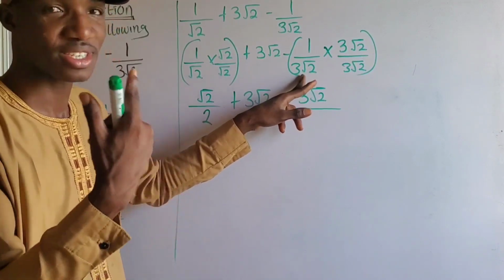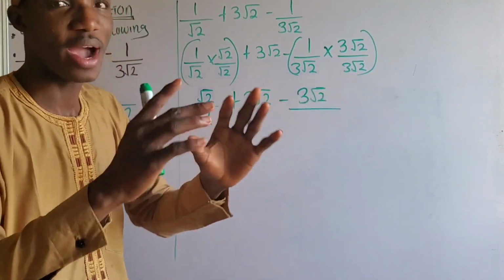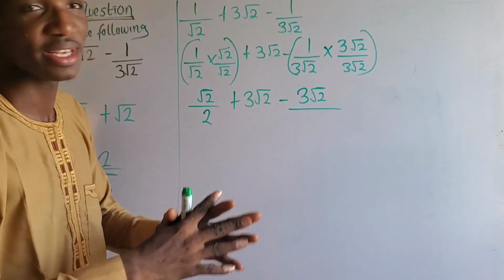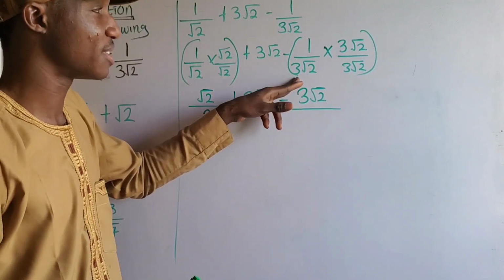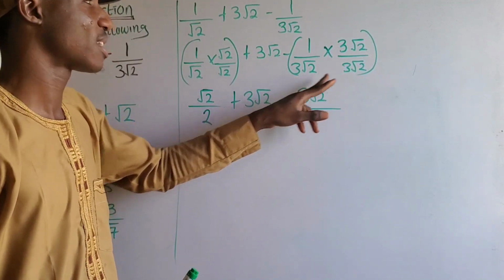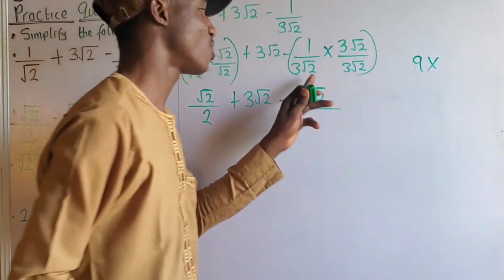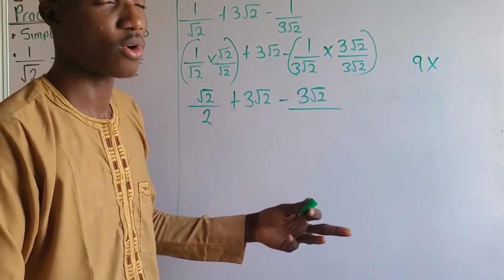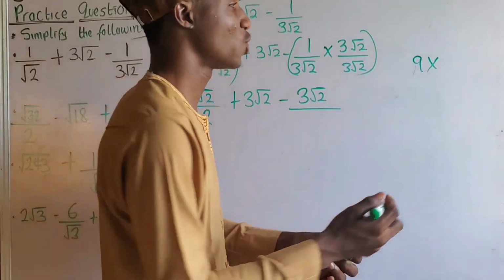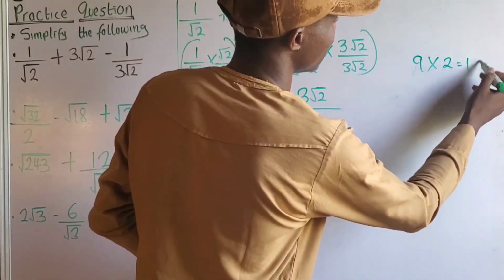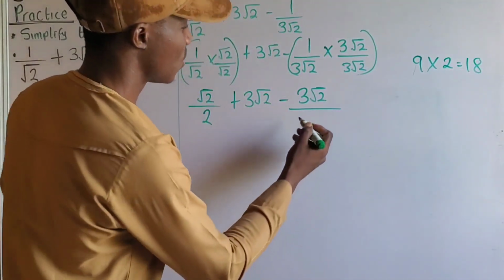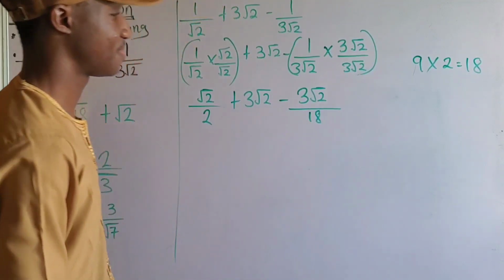The rational part will multiply the rational part, while the irrational part will multiply the irrational part. So the rational part here is 3 and this is also 3. 3 times 3 is 9, right? So I'm going to have 9 multiplied by root 2 times root 2, which is root 4, and the square root of 4 is 2. So I'm going to have 9 times 2, which is 18. So for this, I'm going to have this over 18.